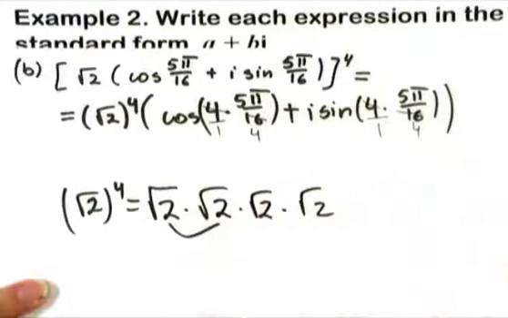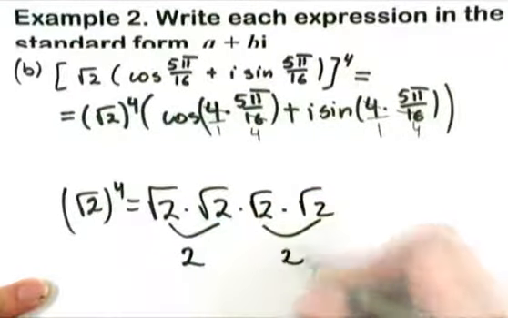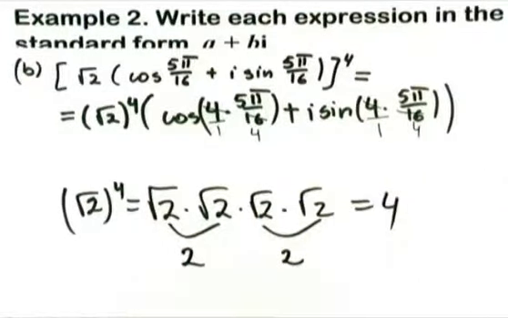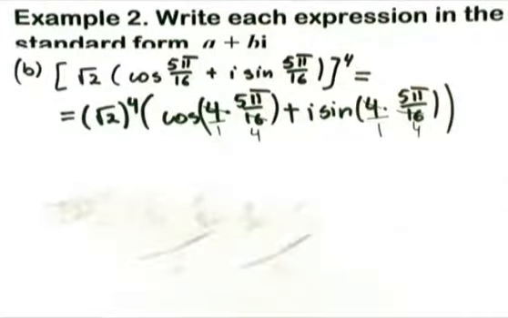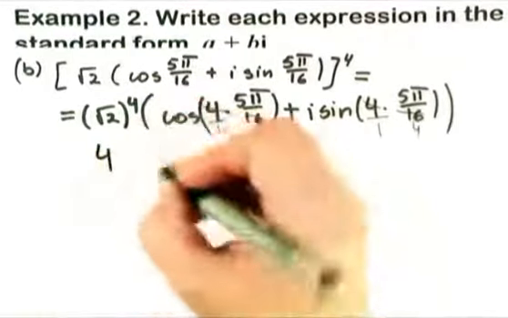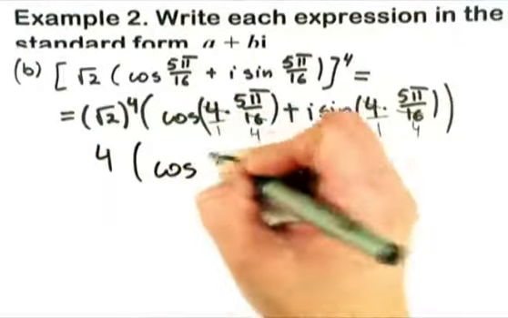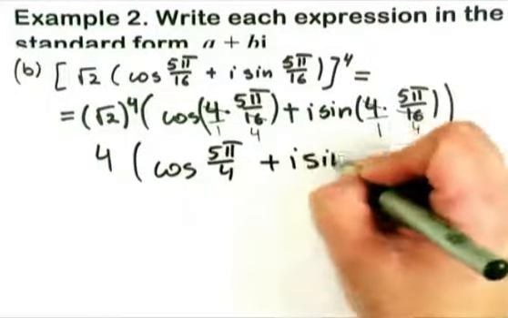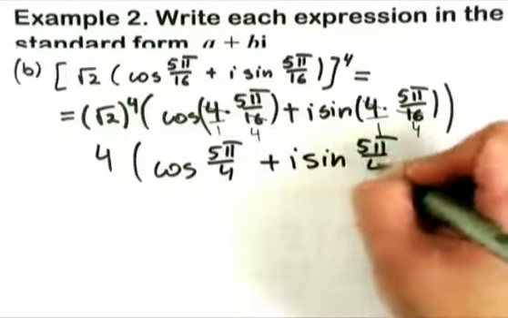This is square root of 4, which is 2. 2 times 2 gives me 4. Okay, so we have 4 times cos 5 pi over 4 plus I sine 5 pi over 4.